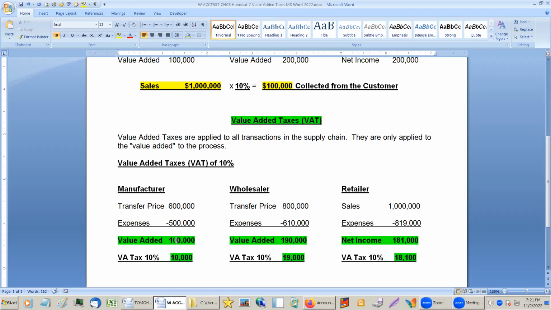the value added will get taxed a lot of times. So here's a value added tax of 10%. So those $100,000 of value added, 10,000 will be paid for the value added, which is sort of like income, but it's really not income because this really isn't a sale. This is just a transfer price.